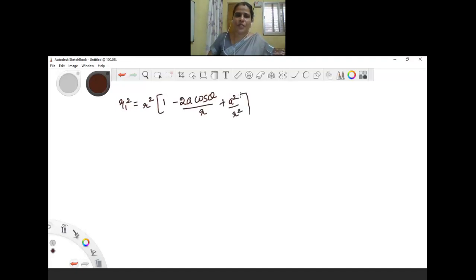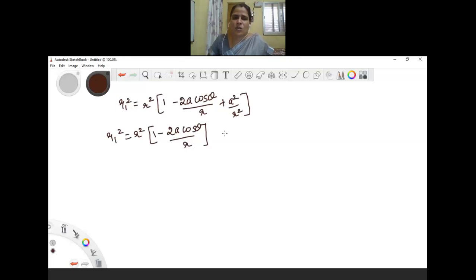And when we neglect the higher order terms, that is a square by r square, we will get r1 square is equal to r square into 1 minus 2a cos theta divided by r, because we are neglecting a square by r square here.